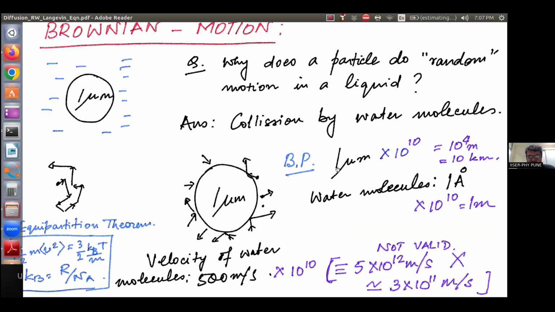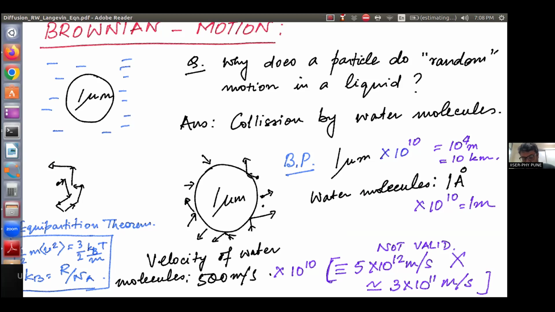You have a 1 micron size particle, 1 micron is 10 to the minus 6 meters. What is the average size of the water molecules? It would be of the order of an angstrom, it might be 1, 2, 3 angstroms. I'm doing an order of magnitude calculation. Let's say 1 angstrom is the size of a water molecule, maybe 2.